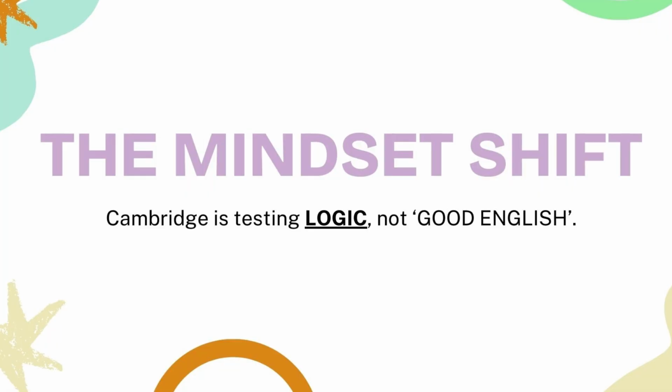The tenses, the words that they use, exactly the same. That's it. Once you understand that Cambridge is testing logic, not good English, everything becomes calmer. You stop guessing, you stop panicking, and you start recognizing the patterns.